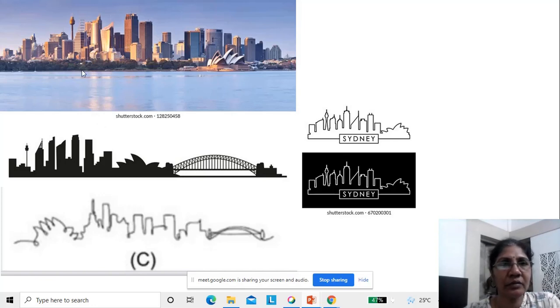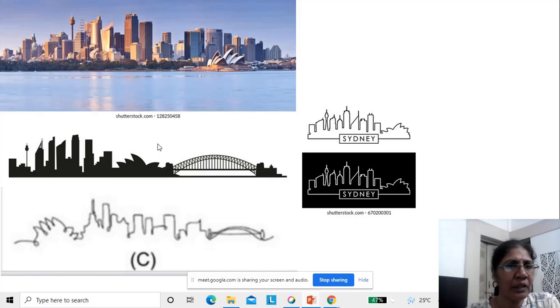So this is the skyline of Sydney, Australia, and here you can see this spire-like building, and along with that a few more vertical buildings with some typical shapes, and between all these buildings this always stands out, right? If we search in Google, we can easily find the silhouette or skyline of any city.